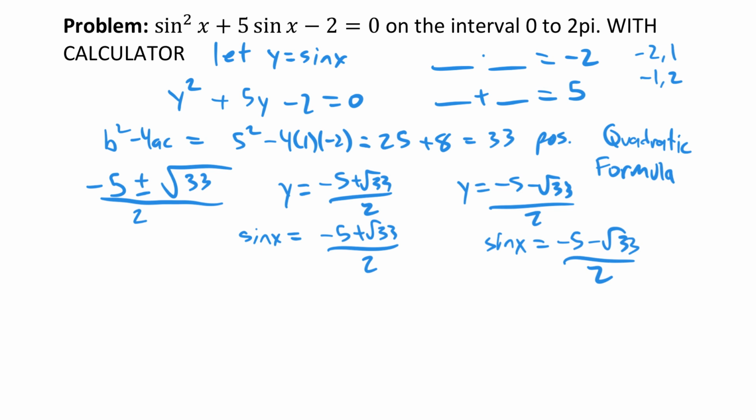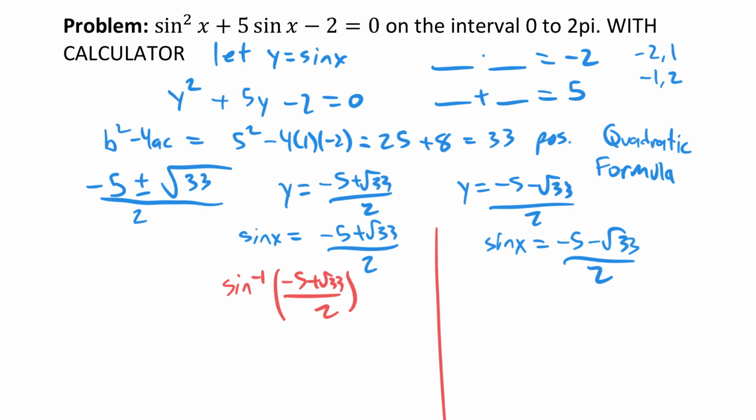Okay, well, I guess let's just continue on with these two answers here. This means we have to do sine inverse of negative 5 plus root 33 over 2. Well, actually, is it a positive number? Is it a negative number? My goodness, this is pretty messy. So negative 5 plus root 33 over 2, as a decimal, it's 0.372 and so on. So it's a positive number, so you don't have to drop the negative. That's good news.